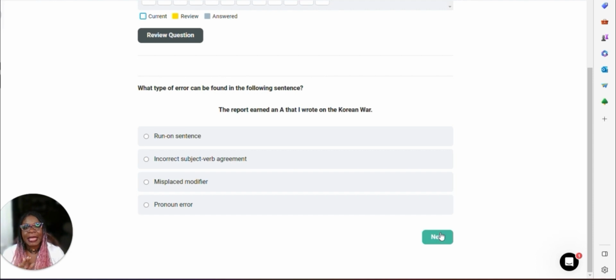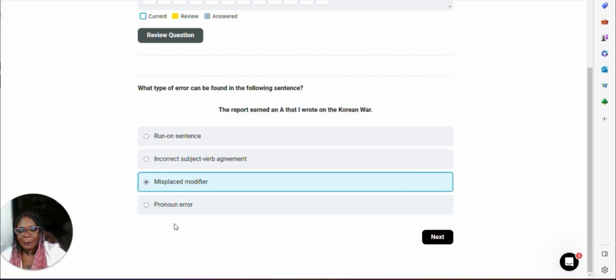Or is it a pronoun error, right? So the answer for this one is going to be a misplaced modifier. I'm going to go ahead and select that one. And here's why. That I wrote on the Korean War should modify report. So it should be placed after that word, okay?